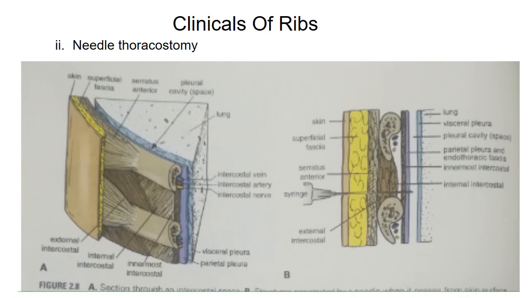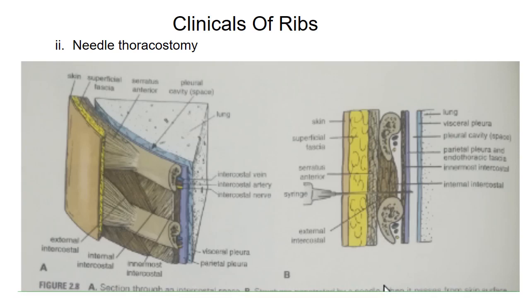Then the thoracostomy needle will pierce the following structures, as you can see in this image. The first structures which are pierced are the skin and superficial fascia. In the anterior approach, the pectoral muscles are penetrated, while in the lateral approach, pectoral muscles are not present in the lateral side of the thoracic wall, as you already know.